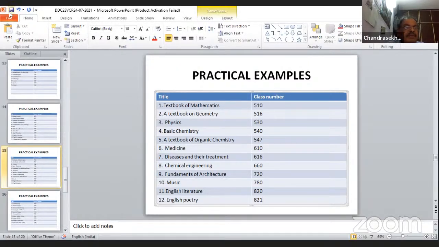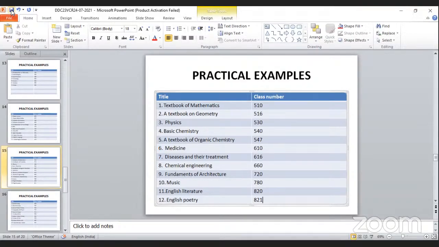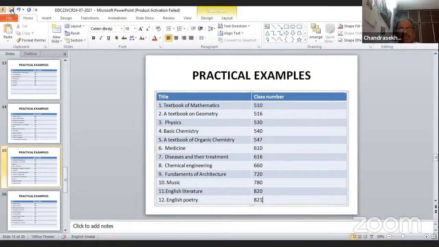So 821 avuthundi. So English poetry. So 820 is English literature, 821 English poetry, 822 English drama, 823 English novel, 824 English literary essays, like that divisions are there.